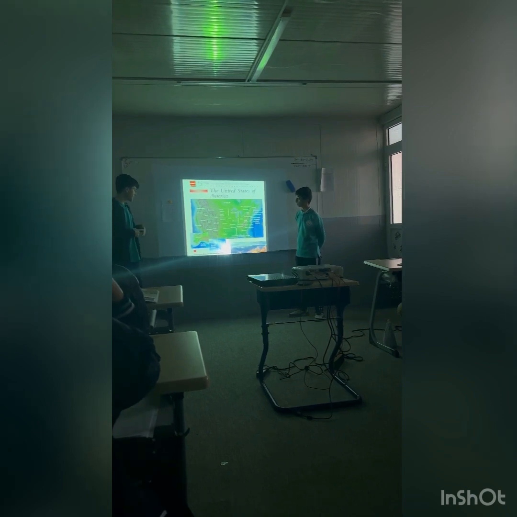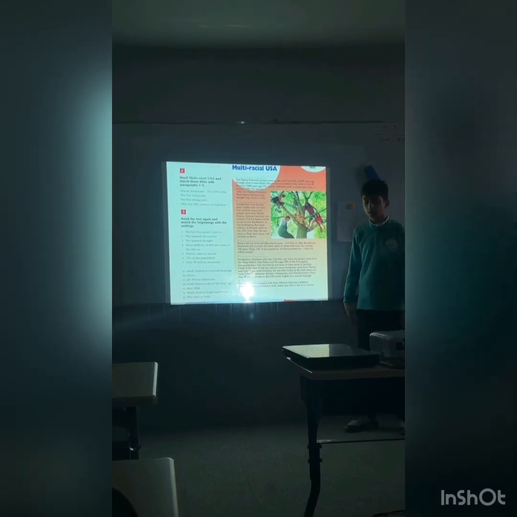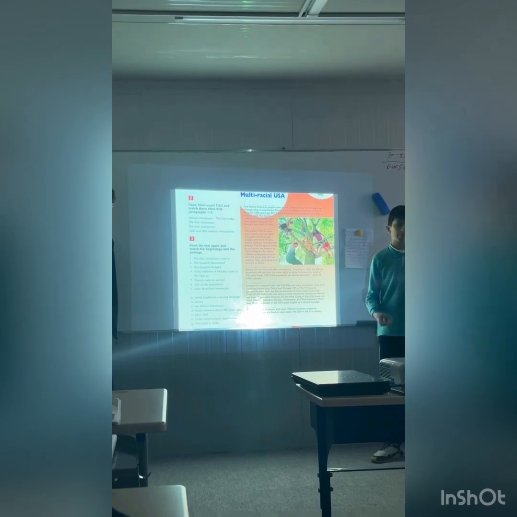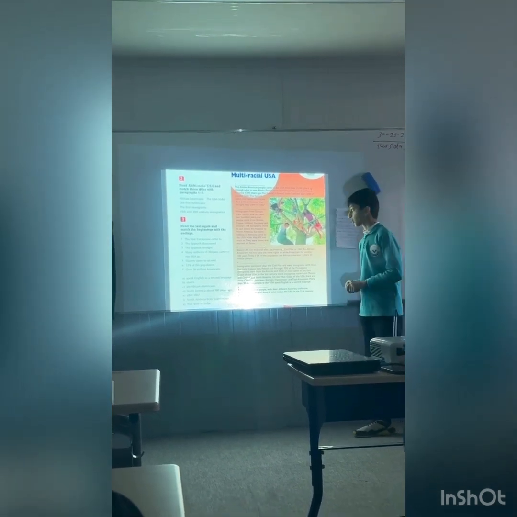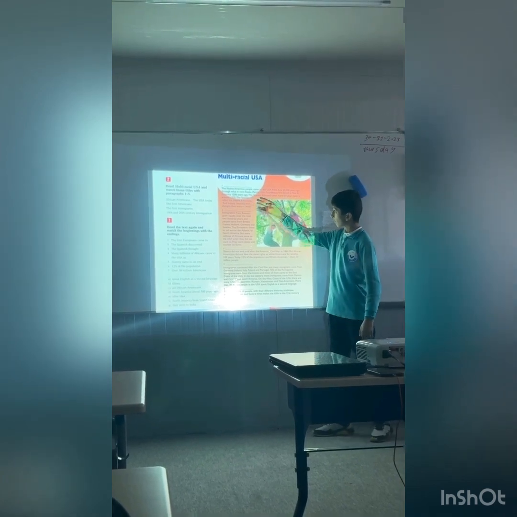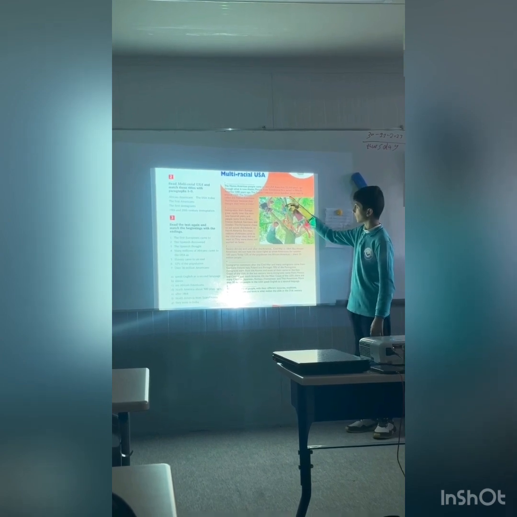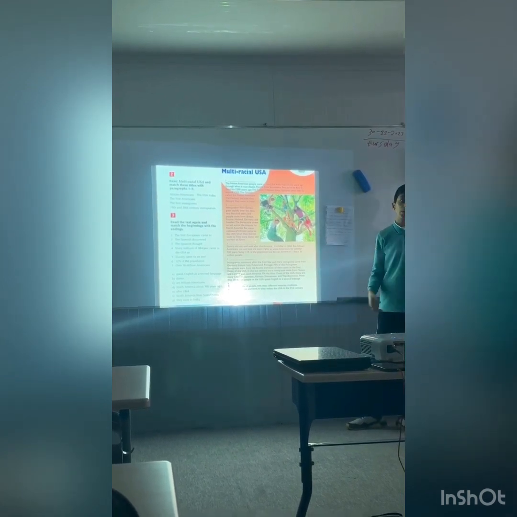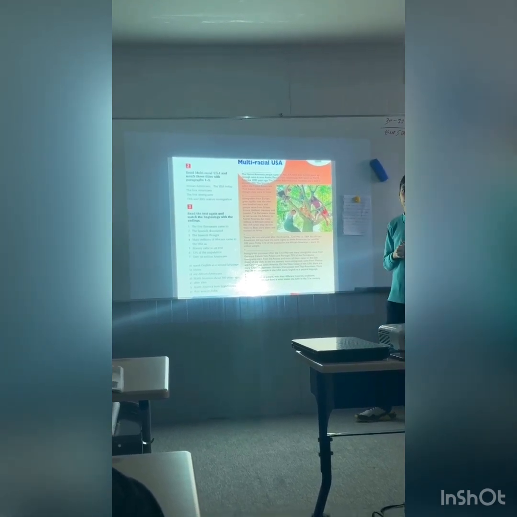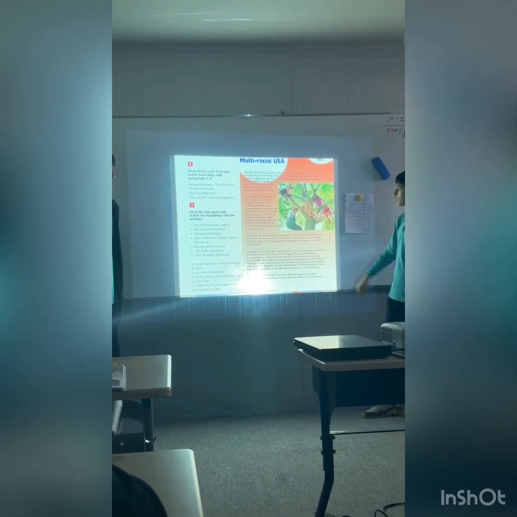Next question. The first Europeans came to North America. Multiracial USA means the USA doesn't only have one type of people, it has many types of people, for example, Asians and Africans. First one, I'll explain it. The Native American people came to the USA from Asia 25,000 years ago, which means America was not populated when humans started, but they discovered it 25,000 years ago.